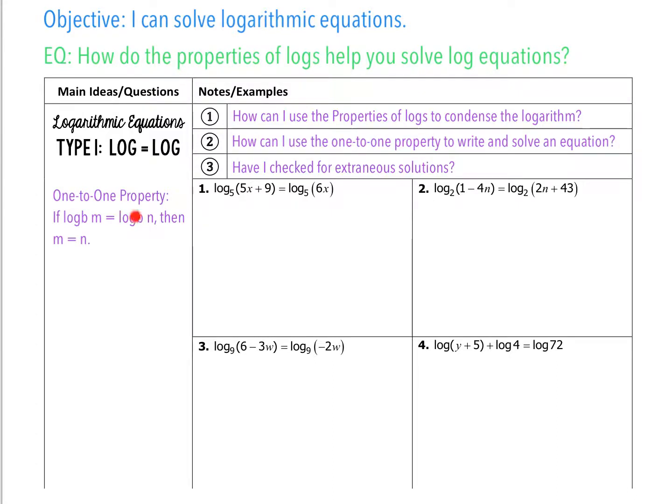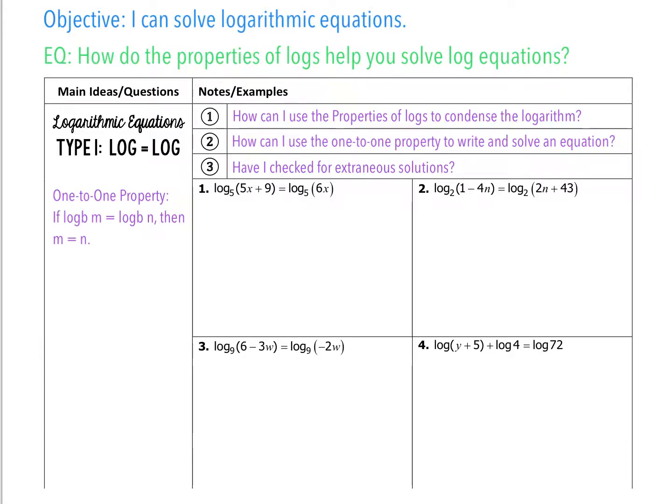The one-to-one part is that they have the same log base. If they do, then I can simply say that those values are equivalent. It's similar to when we had the same bases and were solving exponential equations. Same idea, except now the base is written in log form.